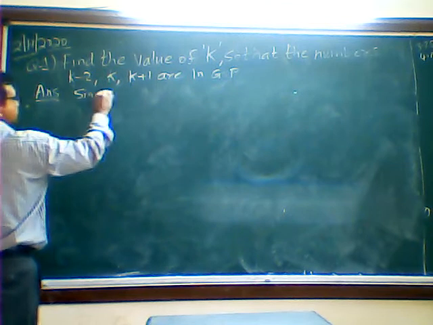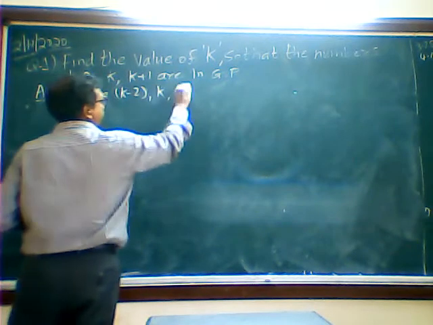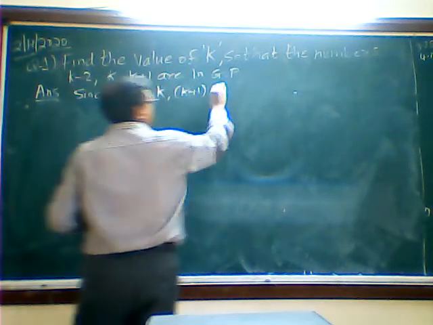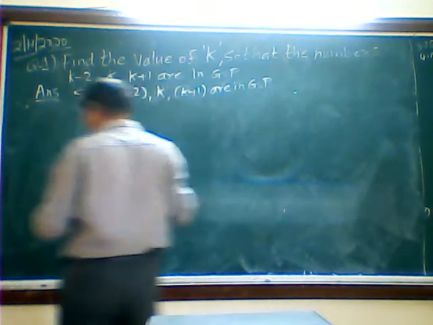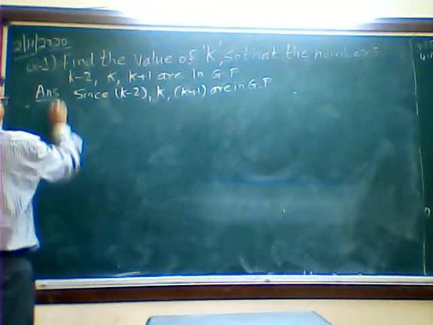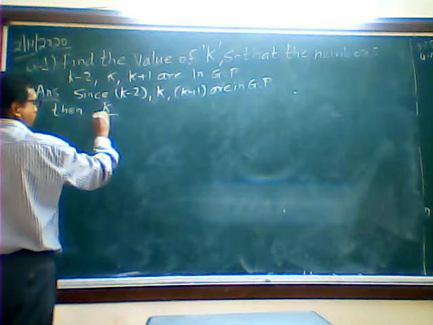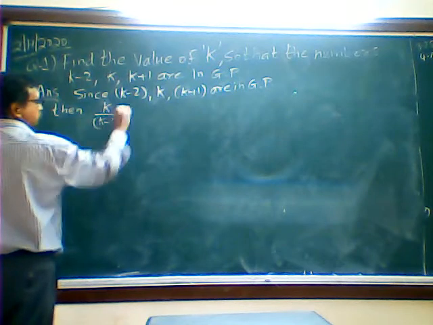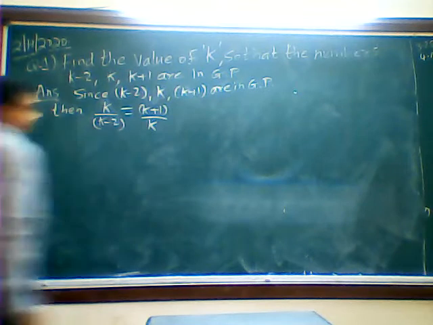Since k minus 2, k, k plus 1 are in GP, it is given, na? Okay, then what it will be? Ratio, na? K upon k minus 2 is equal to k plus 1 upon k.